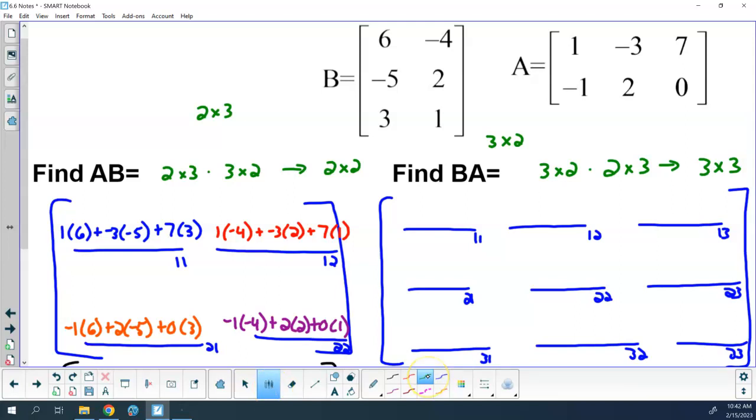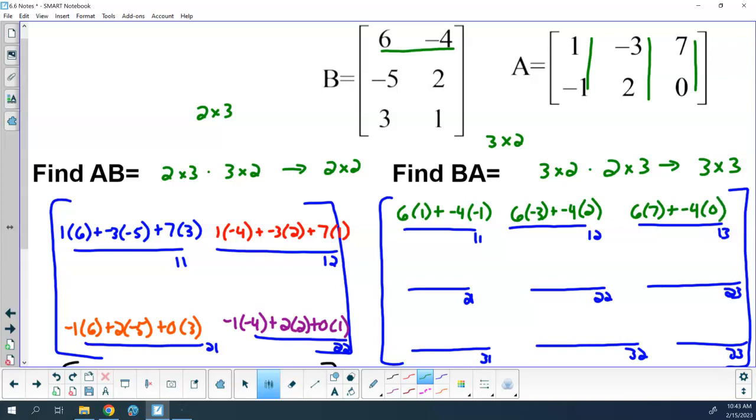So, row 1, column 1: 6 times 1 plus negative 4 times negative 1. Row 1, column 2: 6 times negative 3 plus negative 4 times 2. Row 1, column 3: 6 times 7 plus negative 4 times 0.